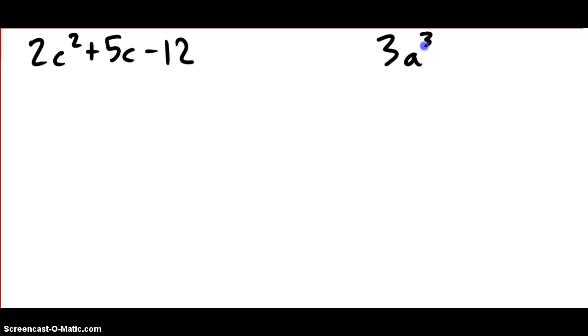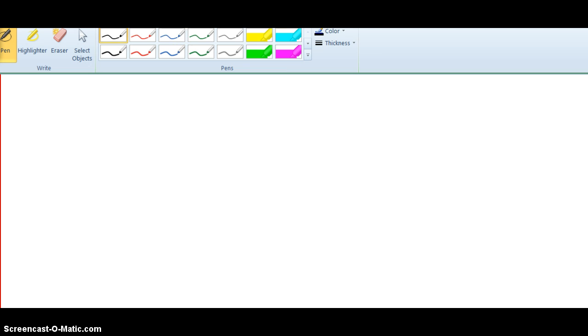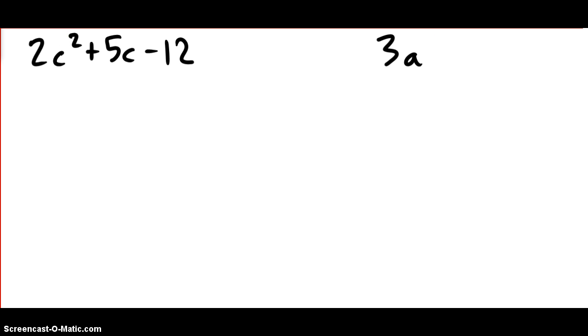So if I have something that looks like this, 2c squared plus 5c minus 12, okay? Your problem is going to be 3a squared minus 2a minus 8.